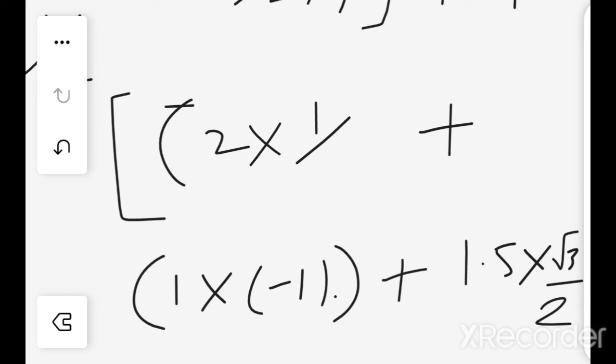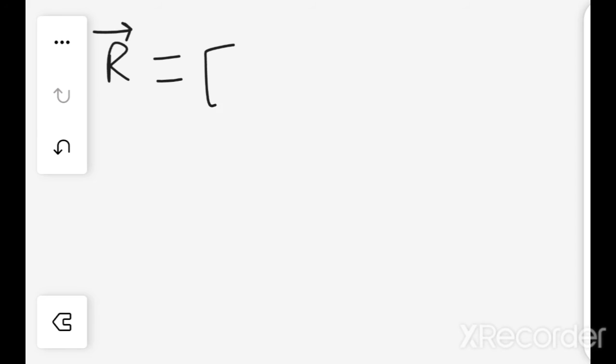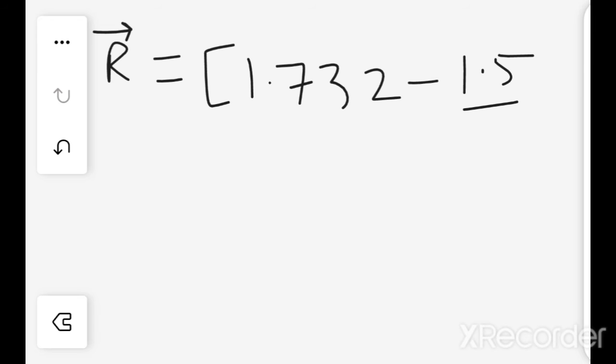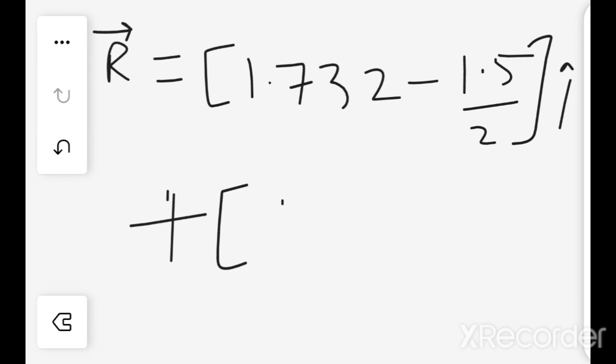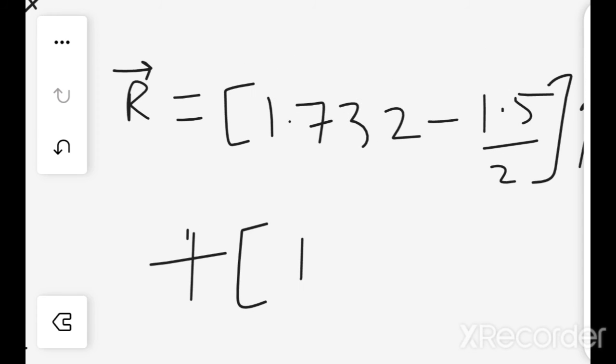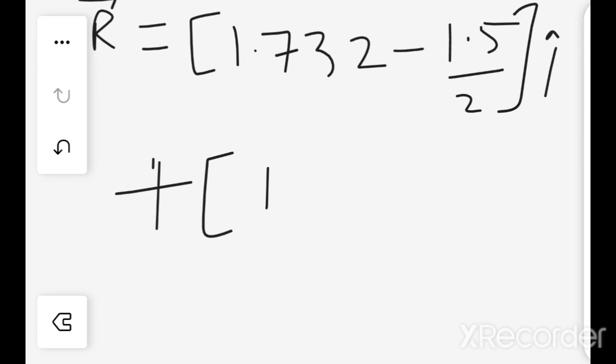So we can simplify this vector R as 1.732 minus 1.5 by 2 in the i direction, 1.3 j. Okay, we get it like this, just solving the previous calculation.